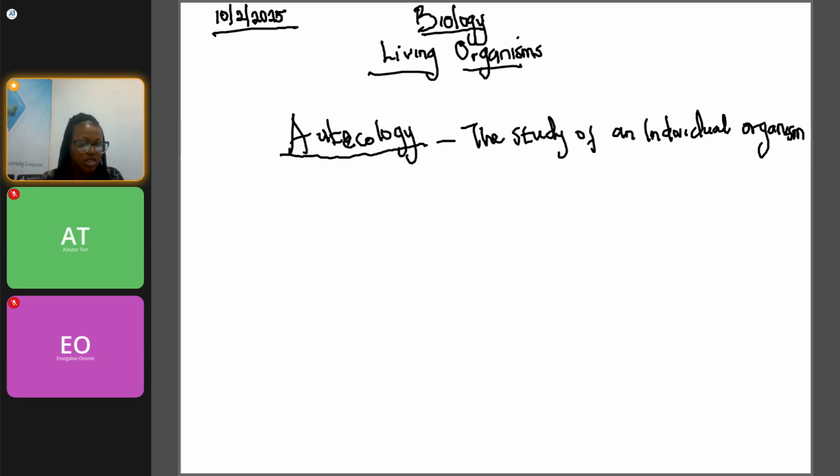So this is horticology. Then we move to the characteristics of living organisms. We have looked into what gives us the assurance that something is living, so we need to look into the characteristics of living organisms.